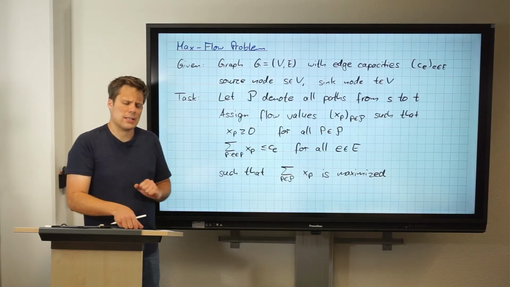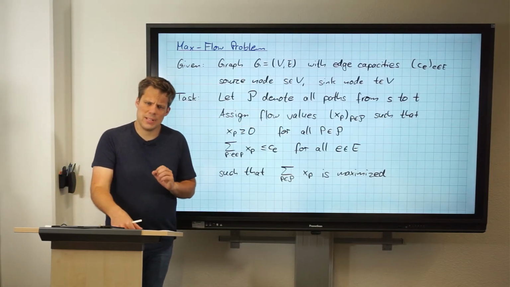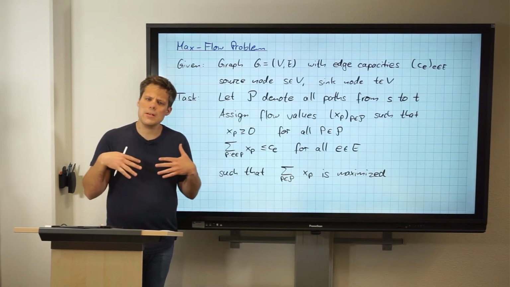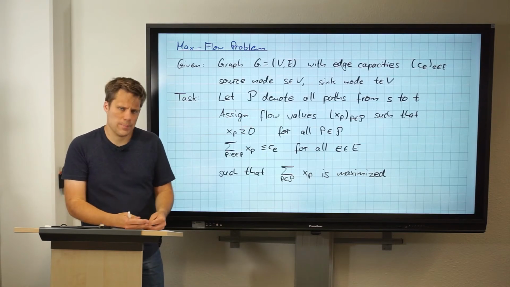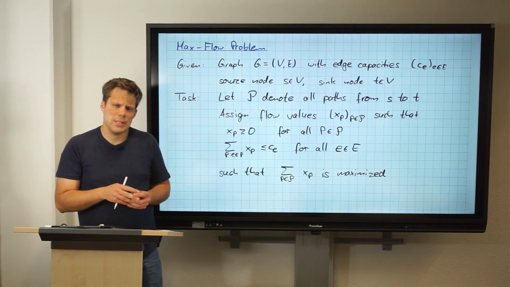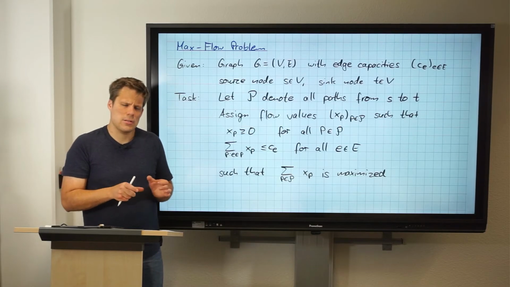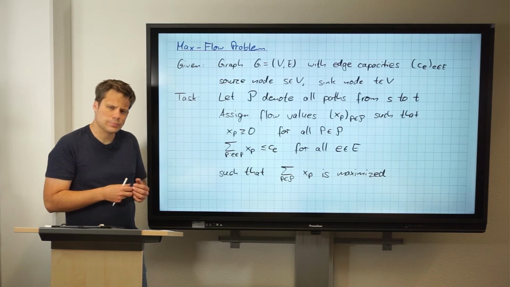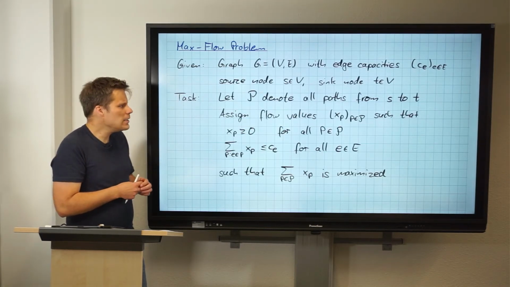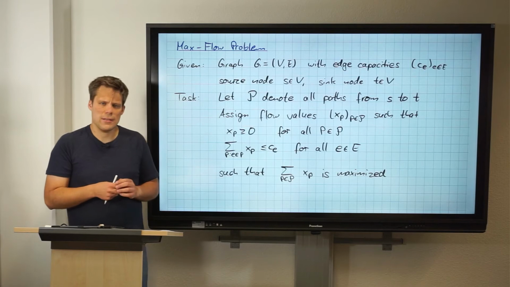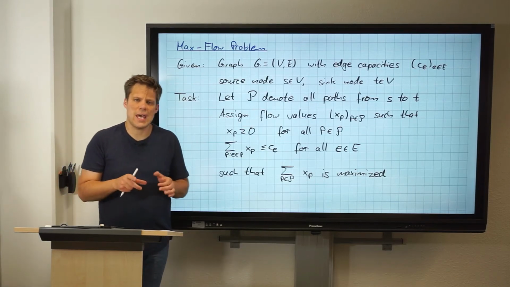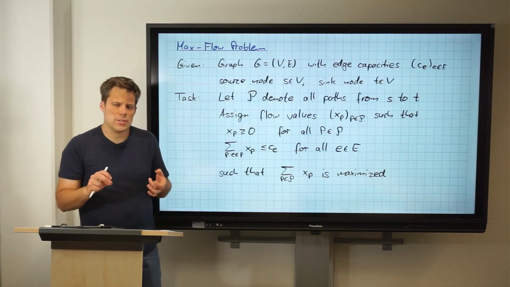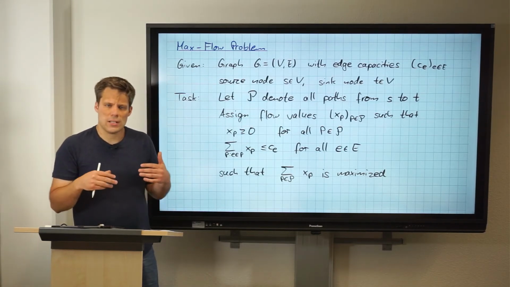Well, this is not exactly what we're doing today, but it is in a way similar and also in a way different. There will be no such thing as a residual network. What we'll do instead is we'll assign lengths to all edges in this flow network. And then we'll repeatedly find the shortest path with respect to these edge lengths. And along this shortest path, we will then augment our flow.